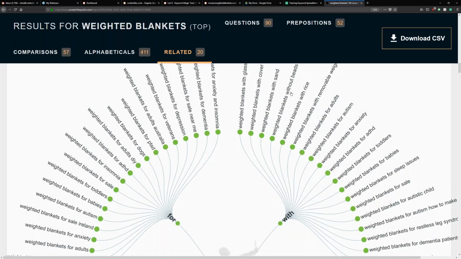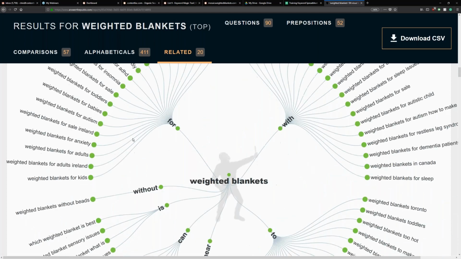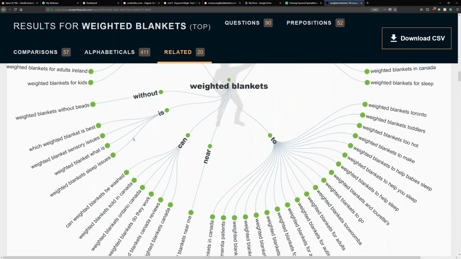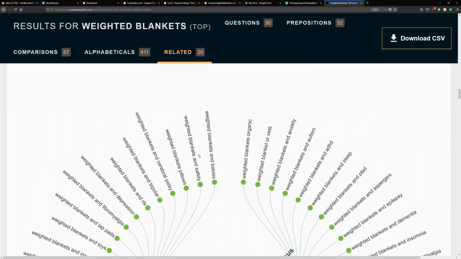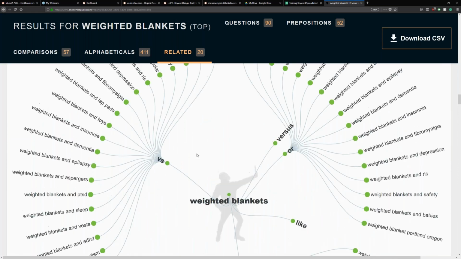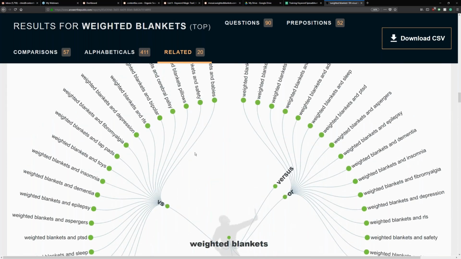So if I go back over to this, let me find a good one that we could talk about. Someone that's searching for weighted blankets in epilepsy, right? What are they actually searching for? When they search for that particular keyword, what is it that they are actually hoping to find?